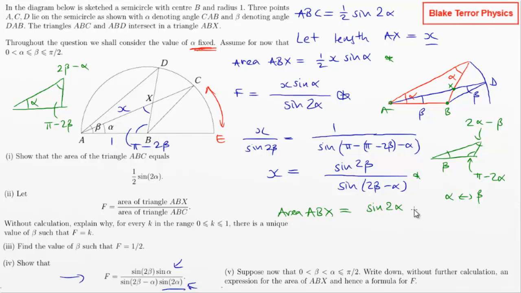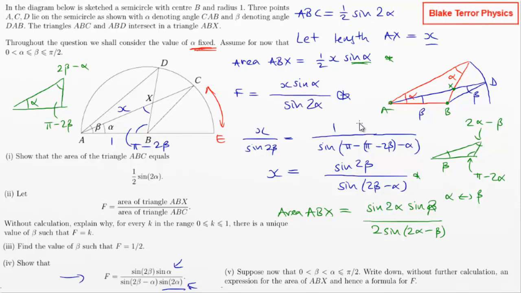So sine of 2 alpha, then multiply by sine alpha, this one up here, and then divide by 2. Oh no, that'd be a sine beta because we flipped them. I'm going to have to double check this after I've written it out. And then the denominator, we've got the 2 sine 2 alpha minus beta. Yeah, that's going to work, isn't it?